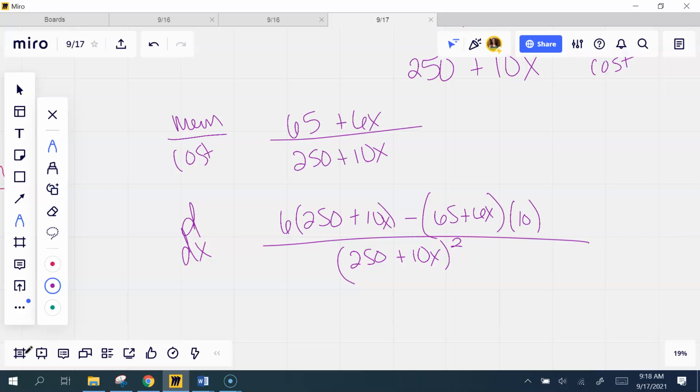Now look, it says right now there are 65 members and it rents for $250, and it says what's the current rate of change? I would do 0 for X, right? That would be a lot of room for error if I did that.